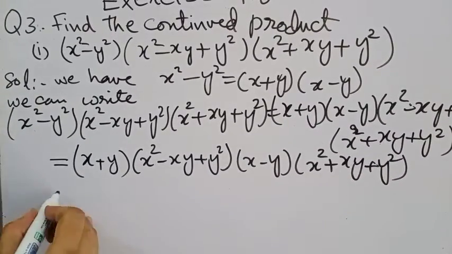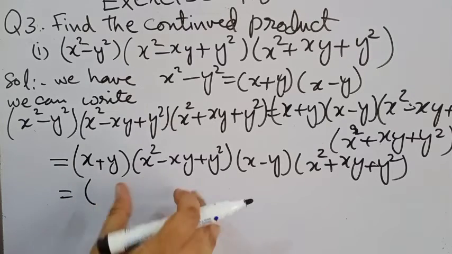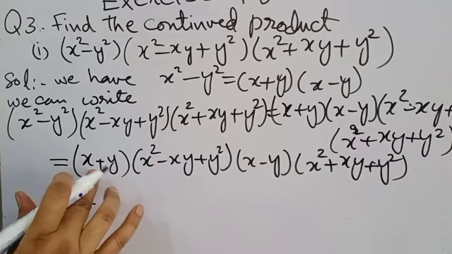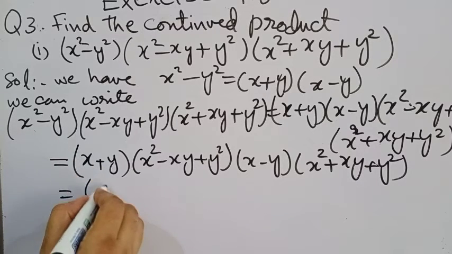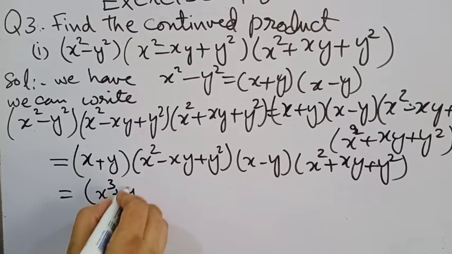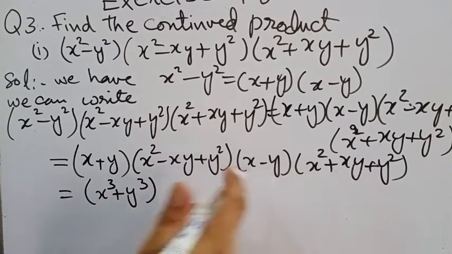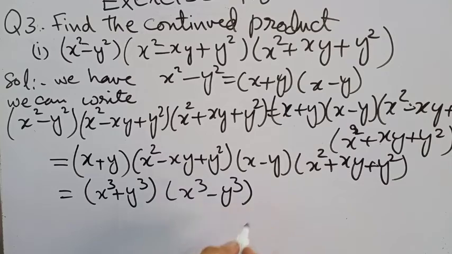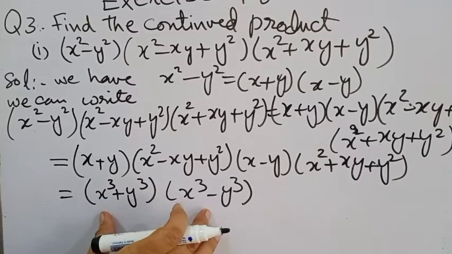This gives us two separate formulas with opposite signs. We have here x cube plus y cube, and this gives us x cube minus y cube, and this is again a formula.